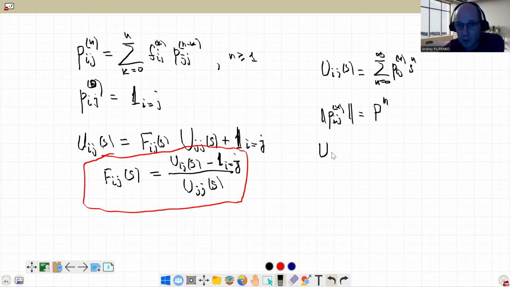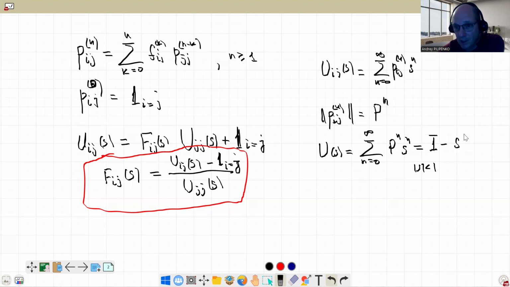So the matrix U is the sum of matrices P^n s^n, and we know that the series is convergent if s is less than 1, and it reminds us of a geometric series, and the answer is this: the identity matrix minus sP, and calculate the inverse matrix. So this is homework.